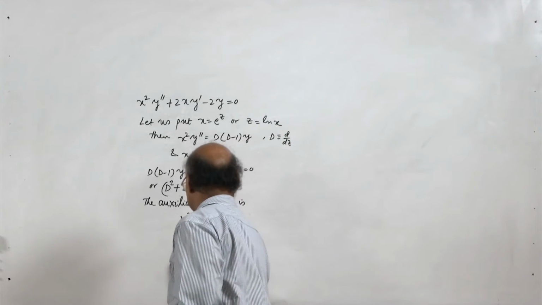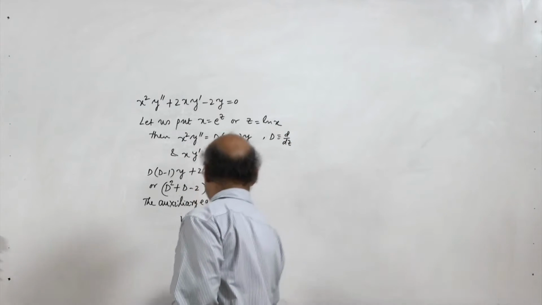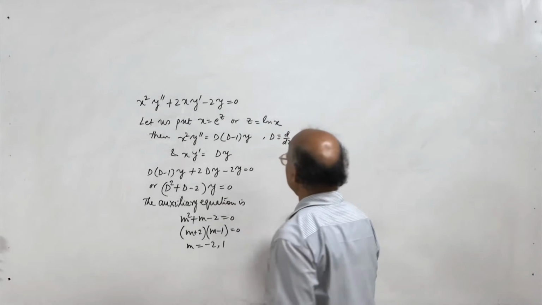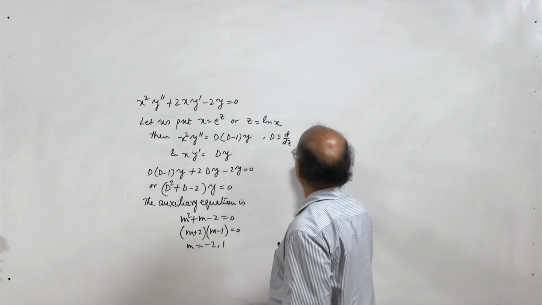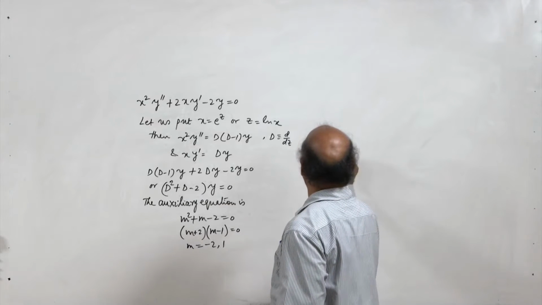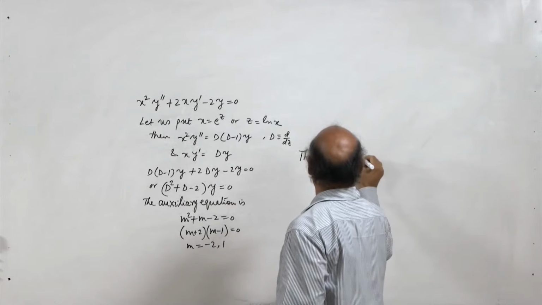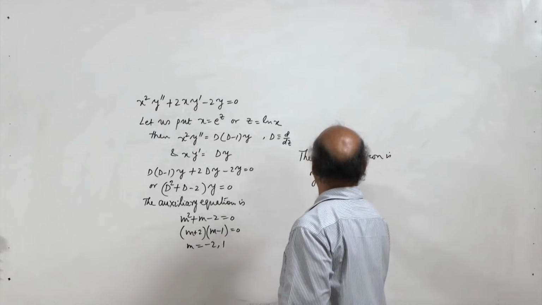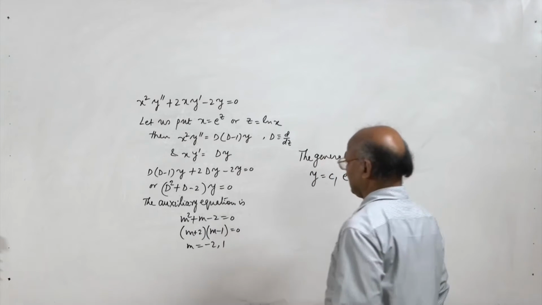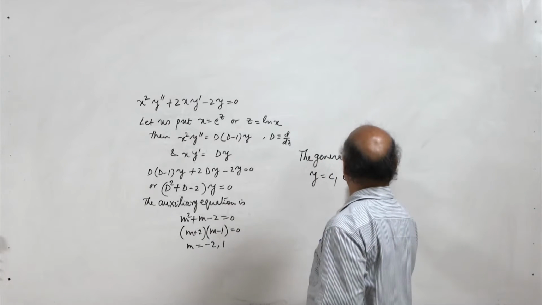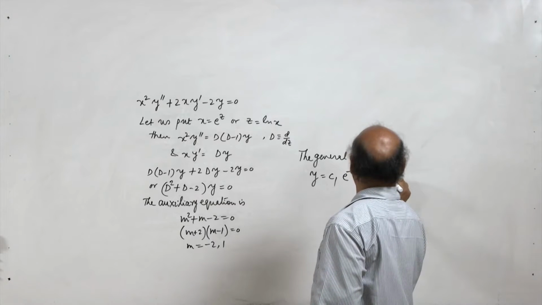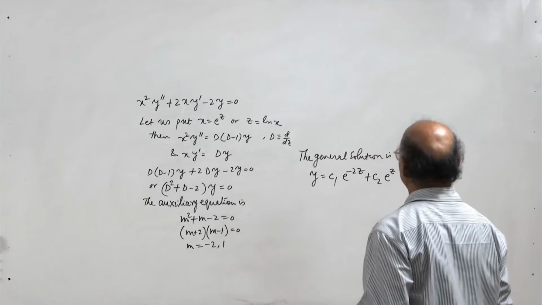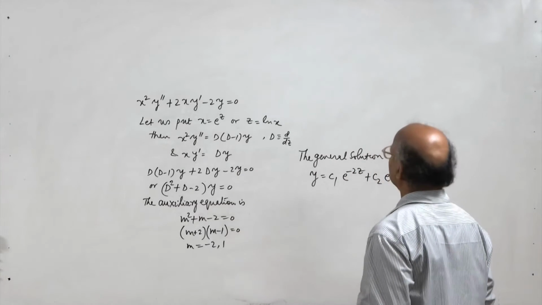So m is equal to minus 2 and 1, they are the two distinct roots of this auxiliary equation, and therefore the general solution is y equal to c1 e to the power minus 2z plus c2 e to the power z.